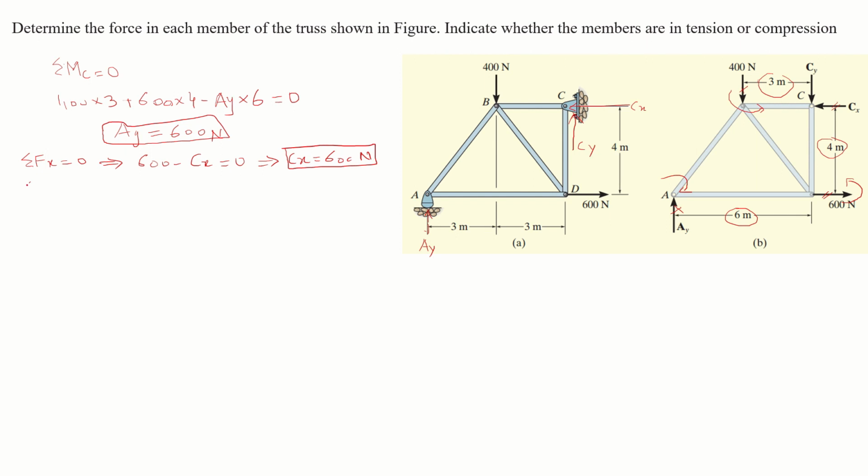So these are the two reactions, and then we will apply the third equation of equilibrium, that is sigma Fy is equal to 0, and now we sum up the forces in the y direction.